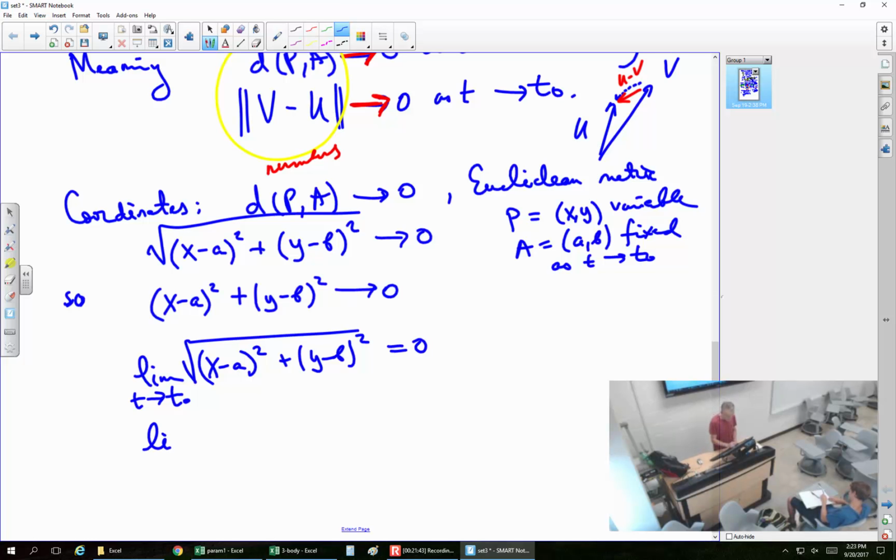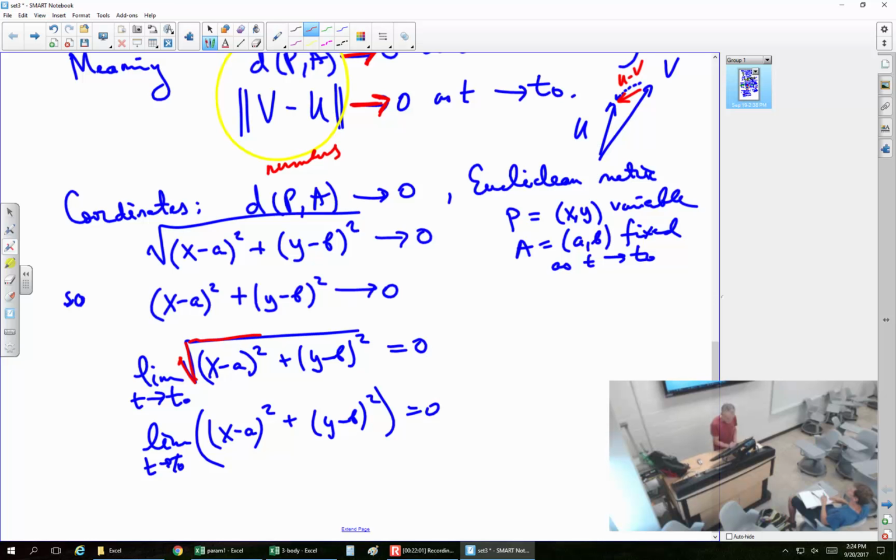On the other hand, I have this without the square root. So why can we remove the square root so easily?